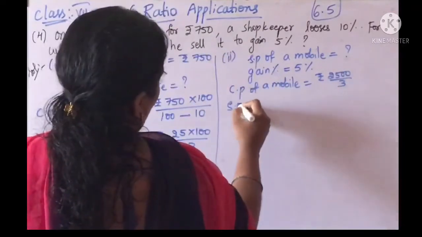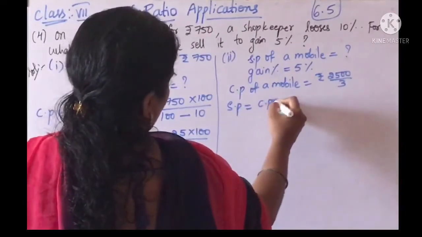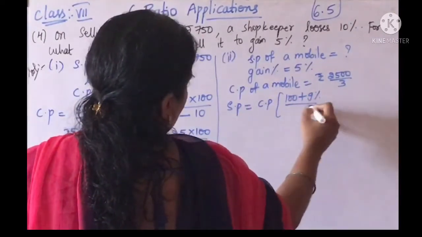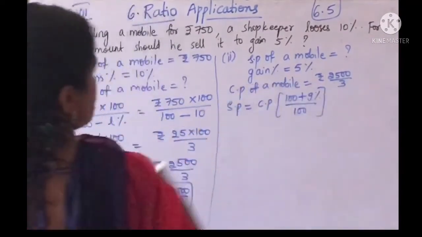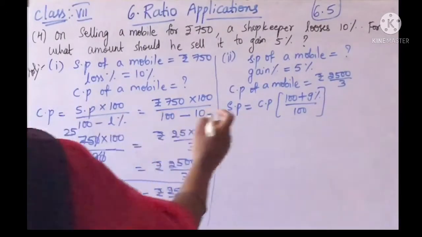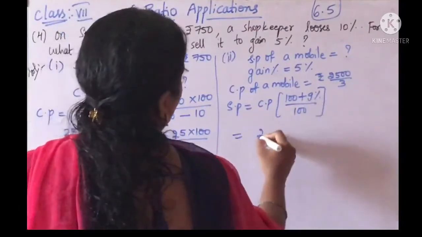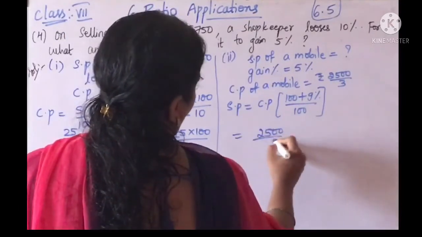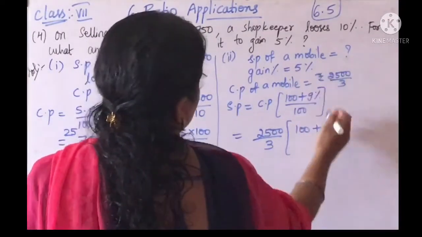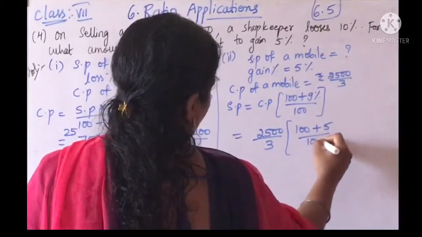Okay. Now what is SP formula? SP is equal to CP into 100 plus gain percentage by 100. This is the formula. So what is CP here? You got 2500 by 3 into 100 plus, what is the gain percentage? 5 by 100.